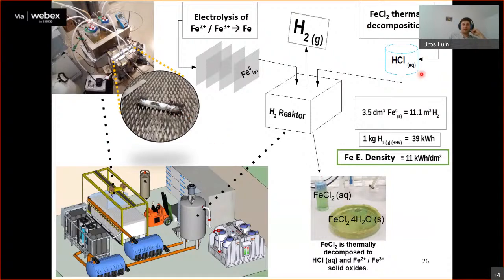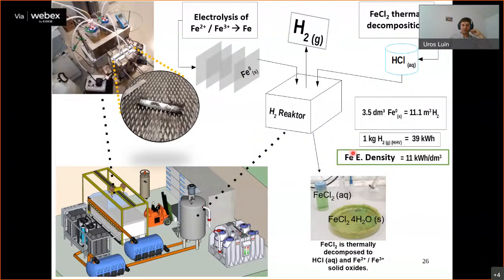On the other hand, we get acid. And what is important here is that from 3.5 liters of iron, when we trigger this hydrogen evolution reaction, we get 11 cubic meters of hydrogen gas. And this 11 cubic meters of hydrogen gas is equal to 1 kilogram of hydrogen.